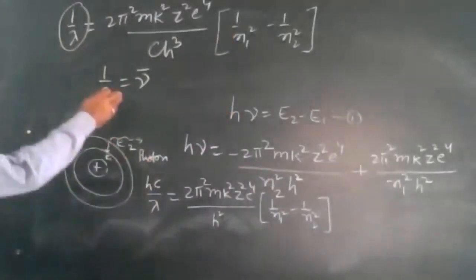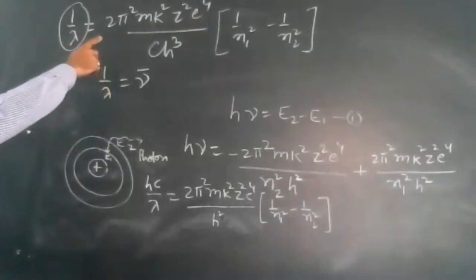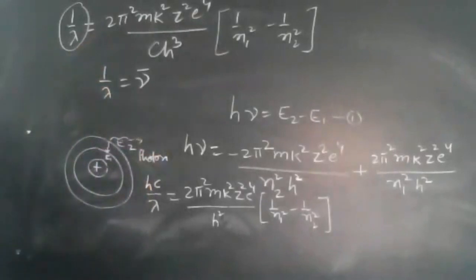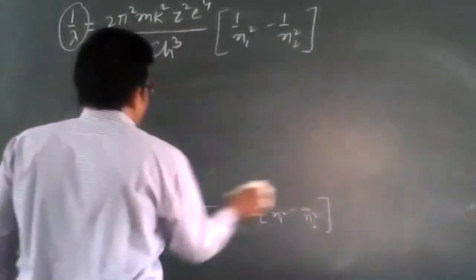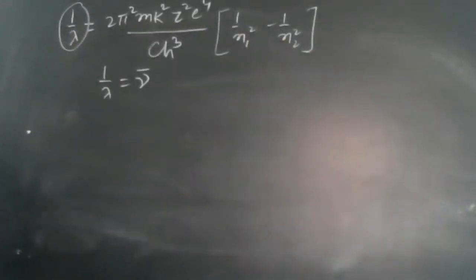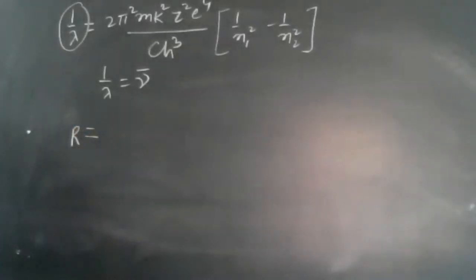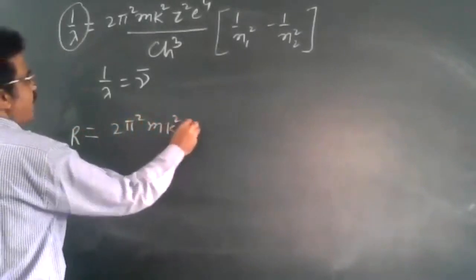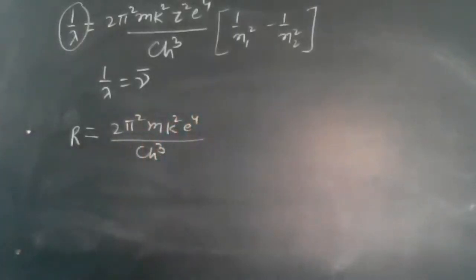Write down here 2 pi square m k square e to the power 4 divided by c h cube. We take this as the Rydberg constant, R. All are constants, you know very well.